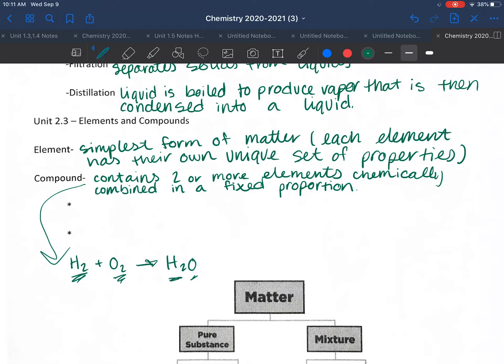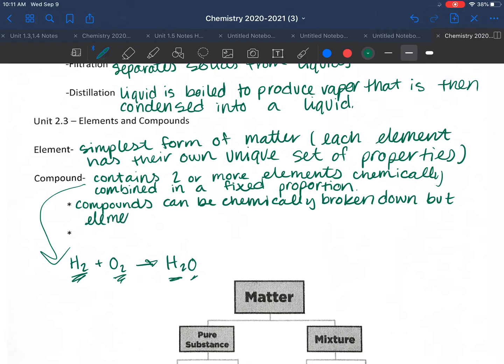Here I have a couple keynotes about compounds. Compounds can be chemically broken down, but elements cannot.